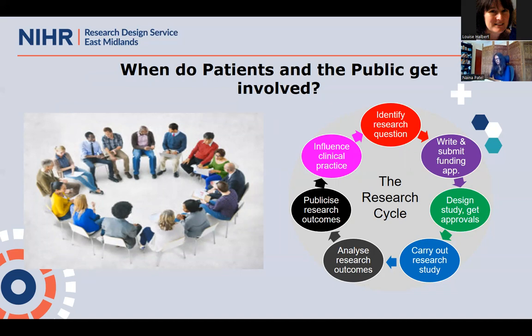And it is really important to work with a group of patients and public as early on in the research cycle as possible, and to involve them in all stages of the research cycle, including developing and writing your funding applications, as you will be required to show how PPI has informed and shaped your research.